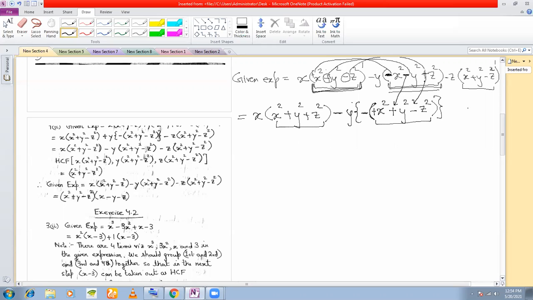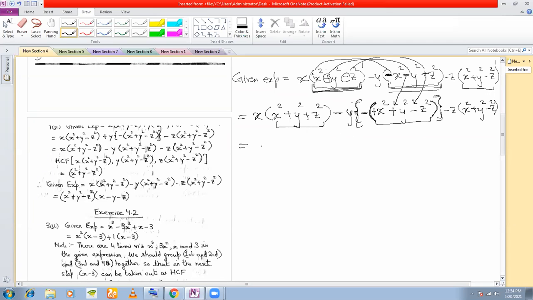Then, minus z times (x square plus y square minus z square). Just by introducing brackets, I have made the expressions same.